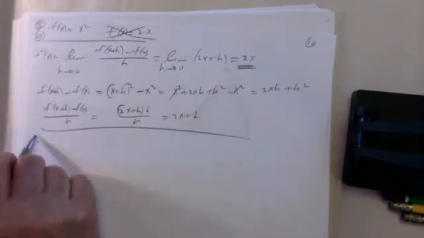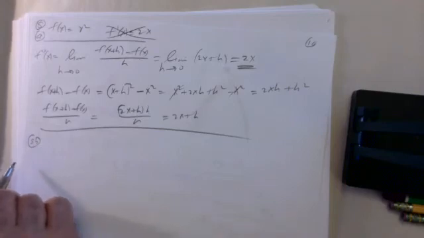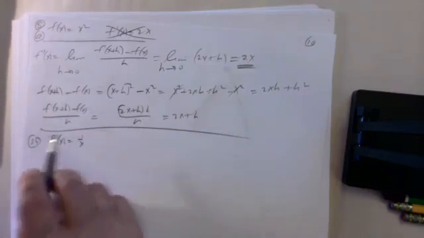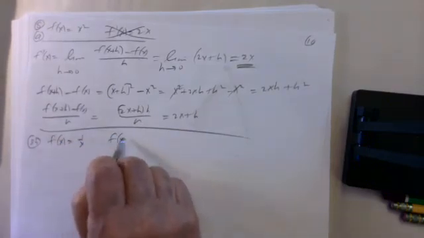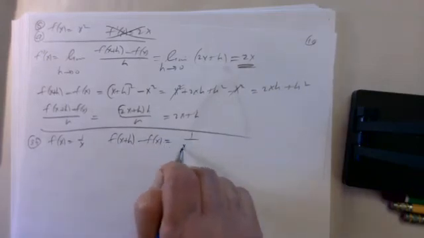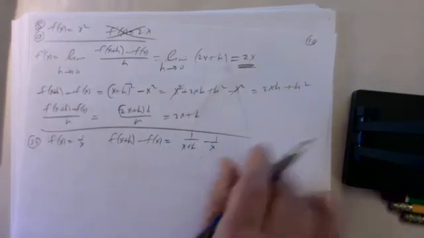And 8b is to use the definition to compute the derivative of 1 over x. So f of x plus h minus f of x is 1 over x plus h minus 1 over x.